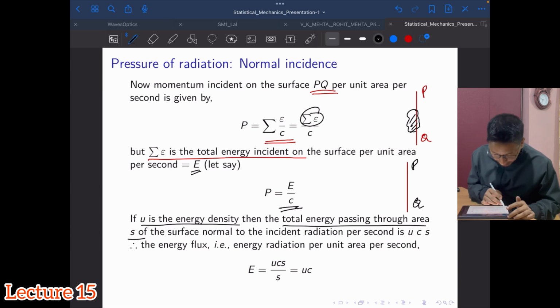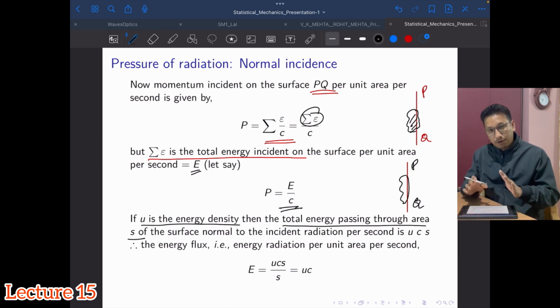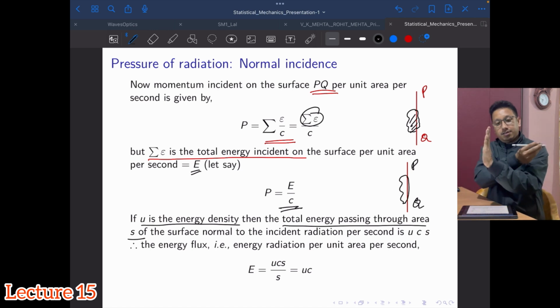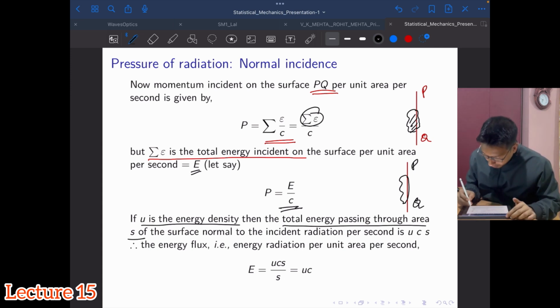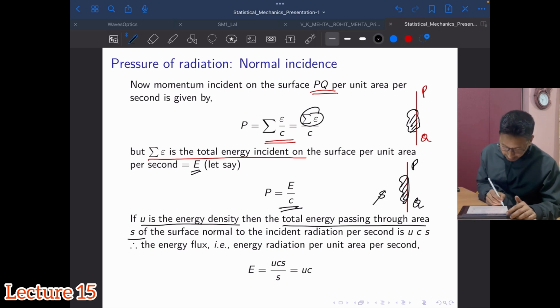The radiations are falling like this, and I have considered an area on this surface, which has area small s.